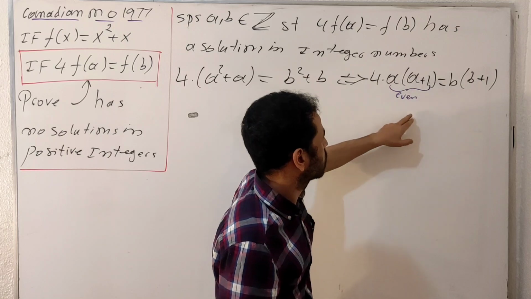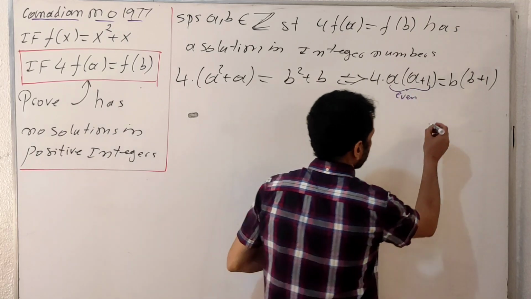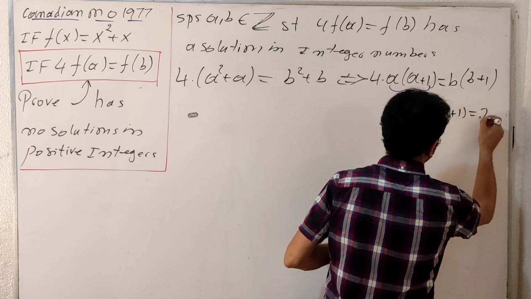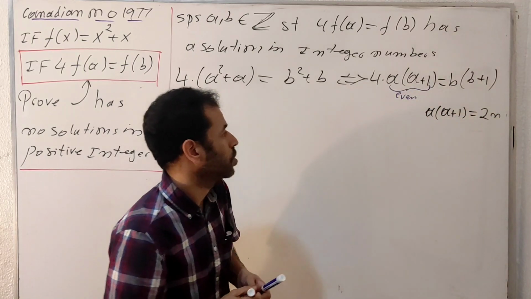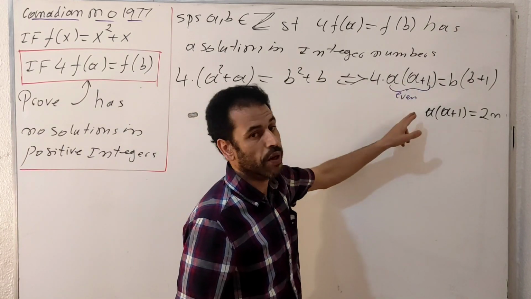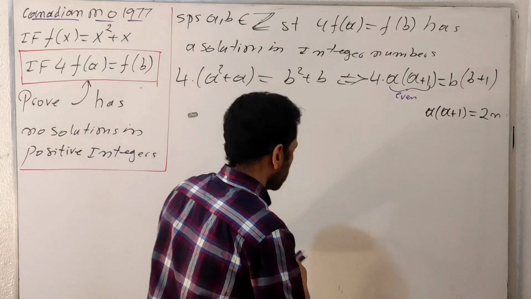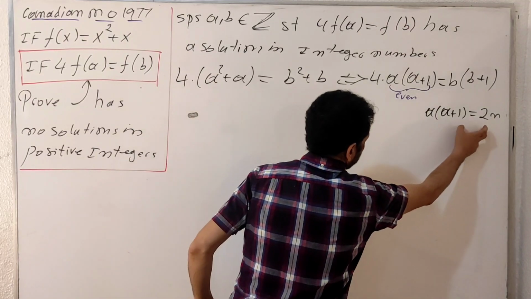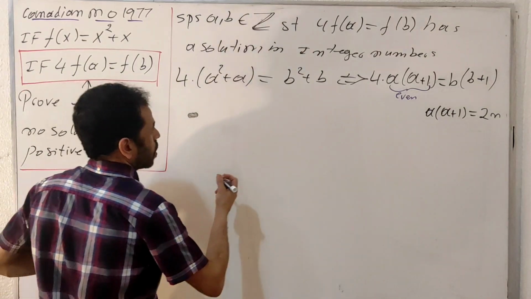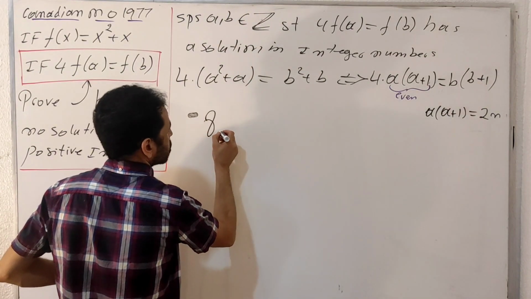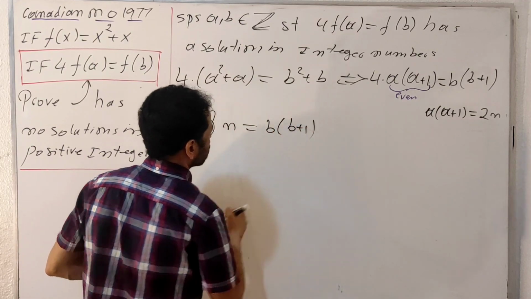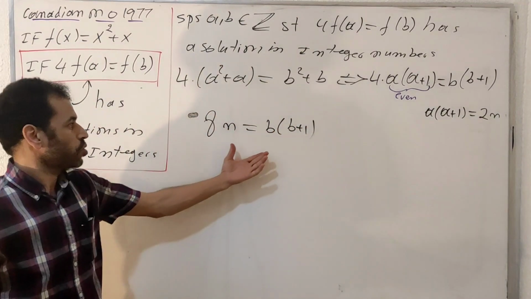I'm going to set this product in this form: a times (a plus 1) equals 2n. Notice here, we don't know which one is even and which one is odd; we know the product is even. So I'm going to insert this value of the product into the equation. Obviously, it gives us 8n equals b times (b plus 1).